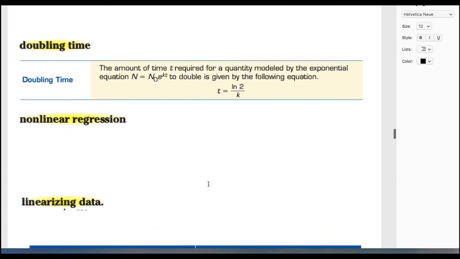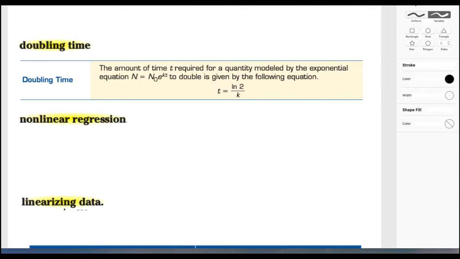Non-linear regression. You might remember linear regression, where we would get some data points and plug them into Desmos or something like that, and we would get Desmos to give us what we would call the line of best fit, a y equals mx plus b situation. Well, we can do that with different functions.